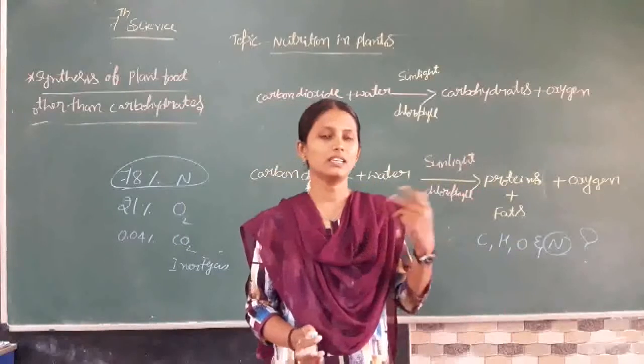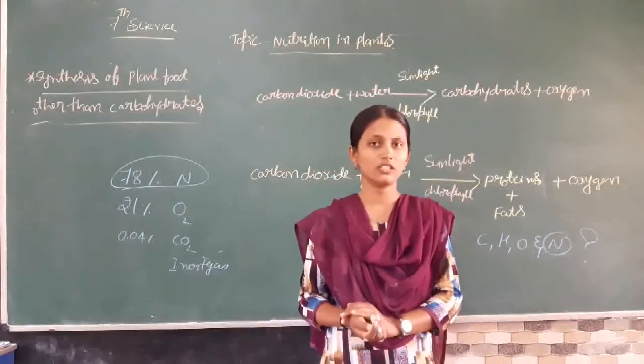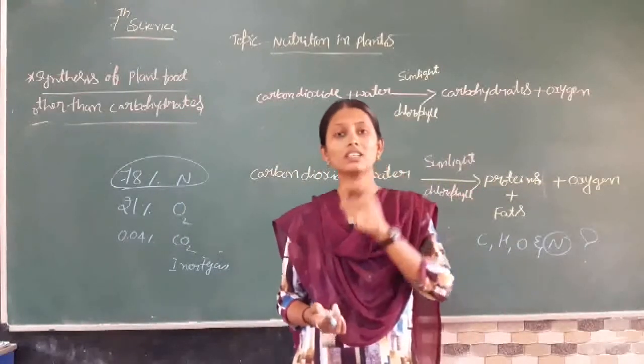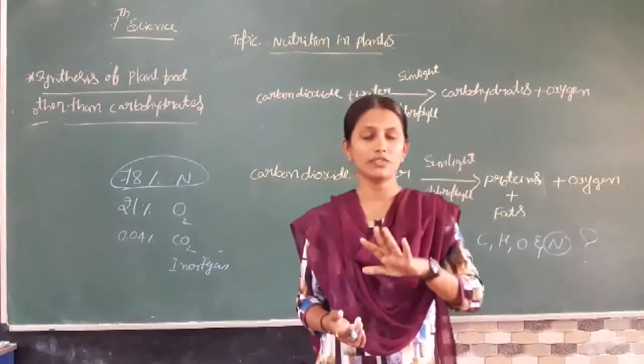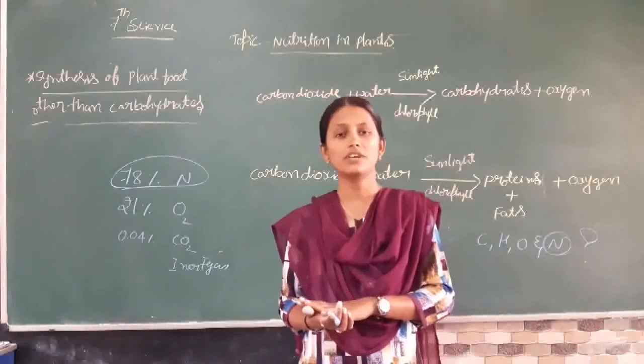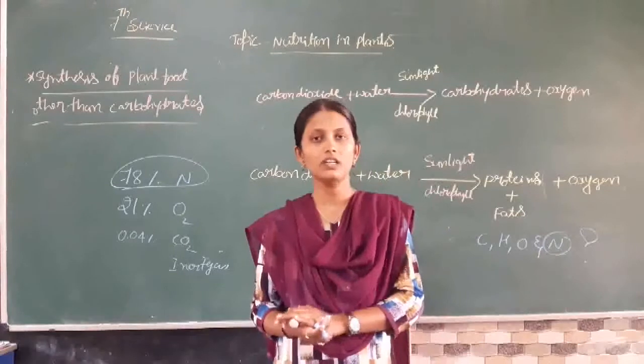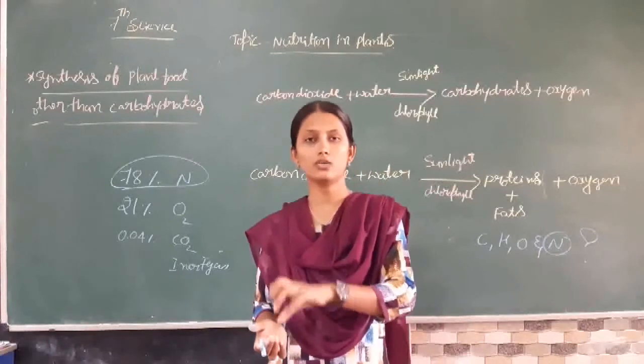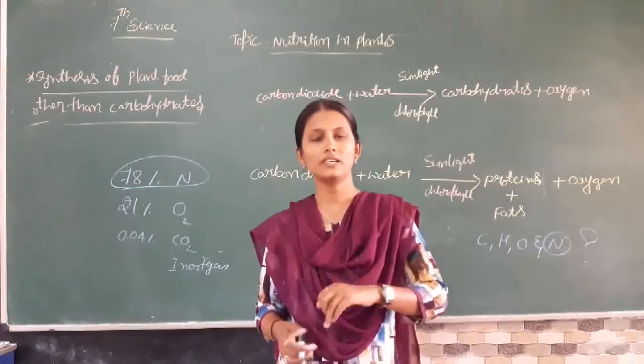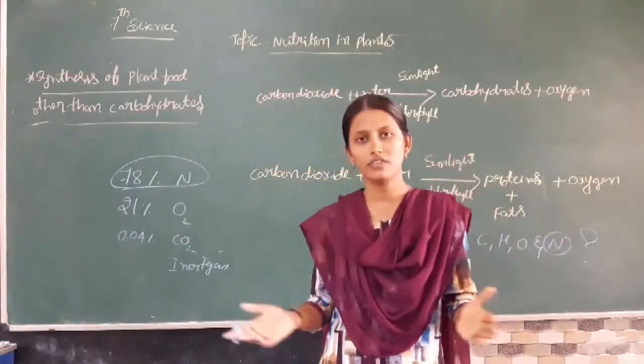Like that the plants get nitrogen, and also farmers add nitrogen-rich fertilizers to the soil. Through the soil the roots absorb it, and later it is sent to all parts of the plant.